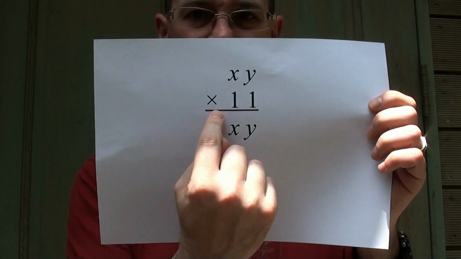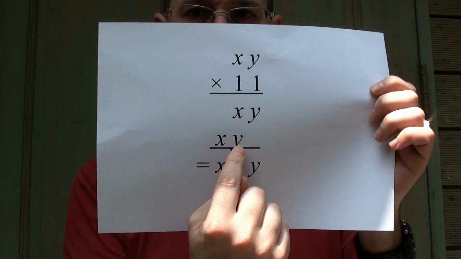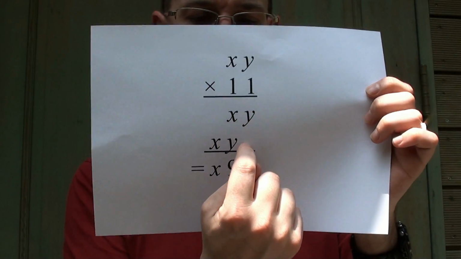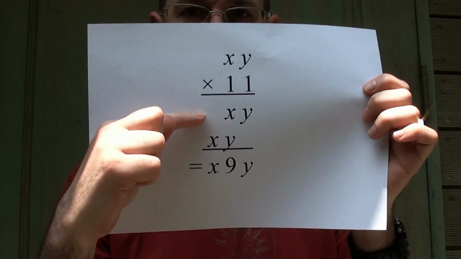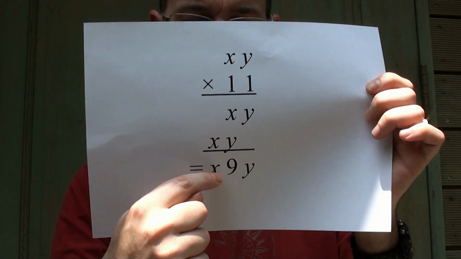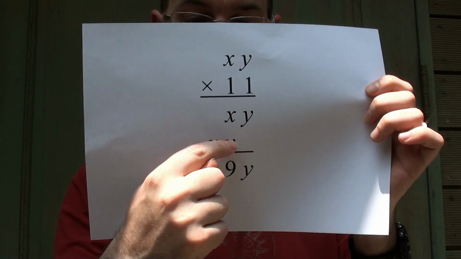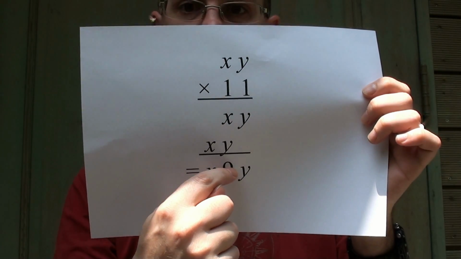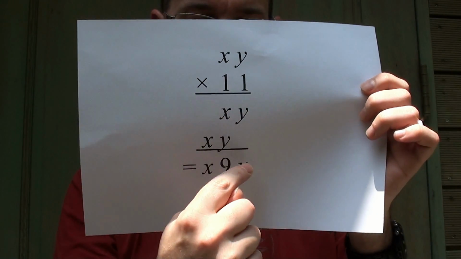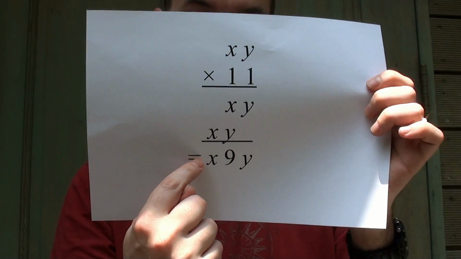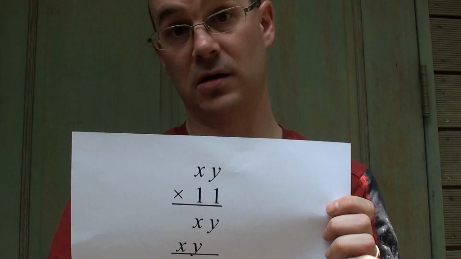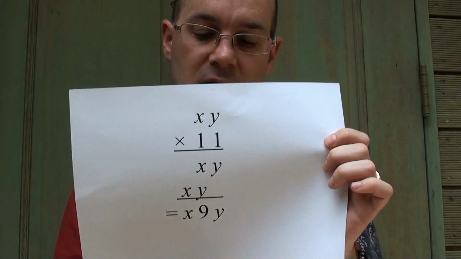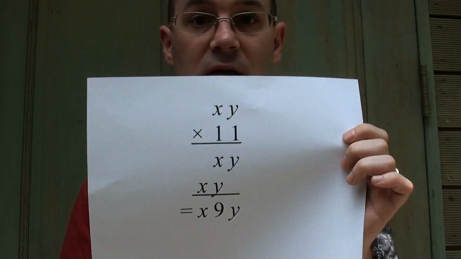You have xy multiplied by 11, you put this down. Some people put a dot here, or a different mark, or sometimes a 0, whatever. And then you add up x plus y, and x plus y is 9, and finally y goes here. So you have a three-digit number with x and y. We know already that when you sum them up, you get 9, and in the middle, you always get 9. And that's why it works.